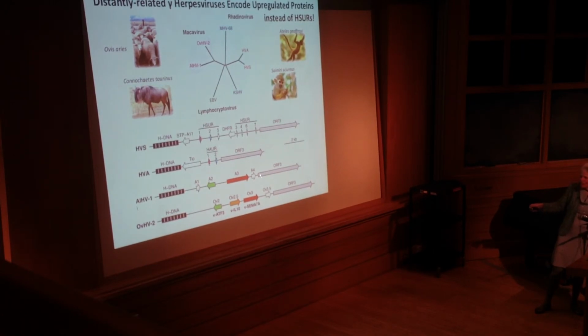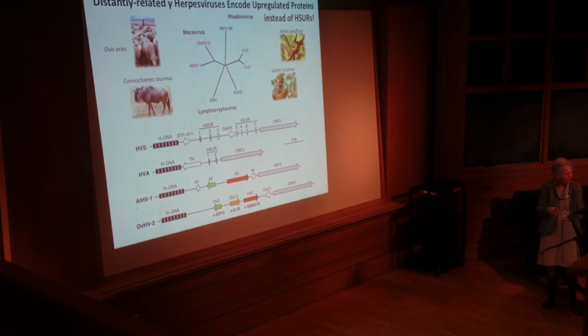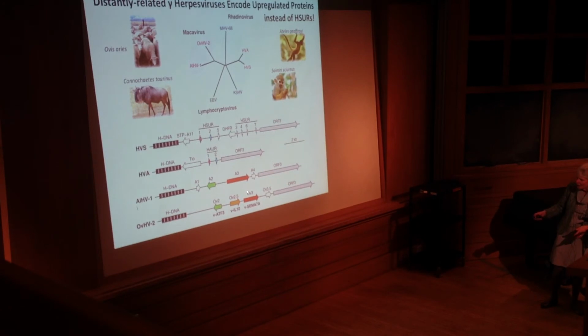In the same region of the genome of these other viruses, they don't have non-coding RNAs, but what they seem to have done is to pick up from the host homologs of the protein targets of miR-27. So the red arrows are SEMA7A homologs. The green arrows are a transcription factor that acts to make interferon gamma, and here's a viral IL-10.